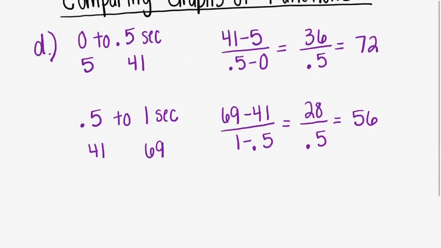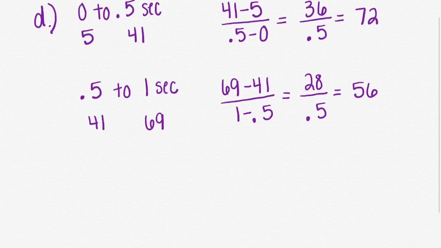Now, when you get to the second row, where you're now at 2.5 to 3 seconds. Remember, if you look up at your table and at your parabola, your parabola is starting to curve downward. So let's take a look at that.